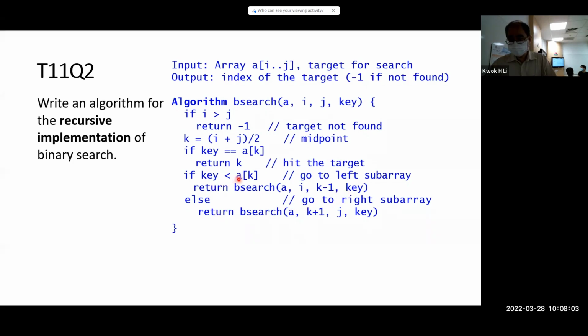If the key is greater than that, we go to the else statement here. So we have to continue to search. You see that this is a binary recursive search. A here, the starting point will be the right-hand side, K plus 1. The ending point will be the same, and the key value should be the same. So it's quite straightforward.